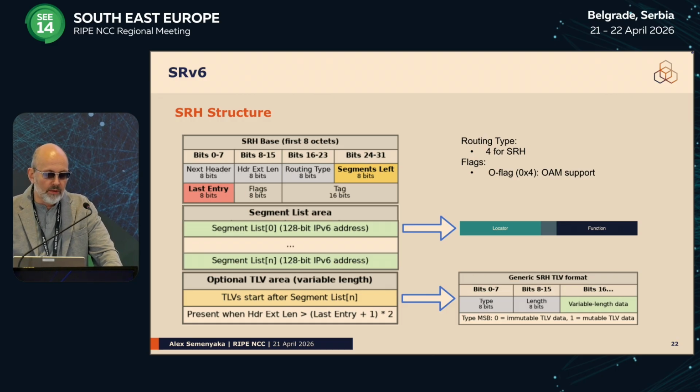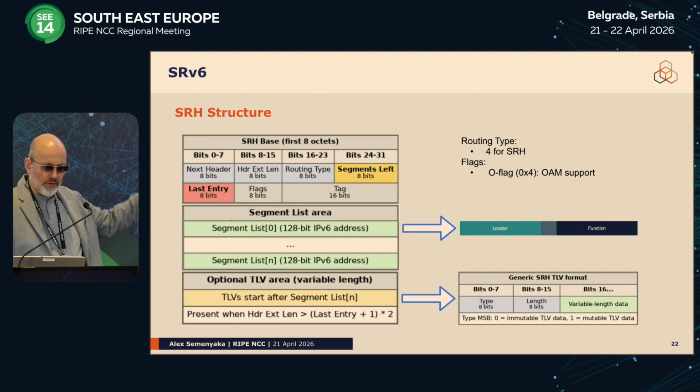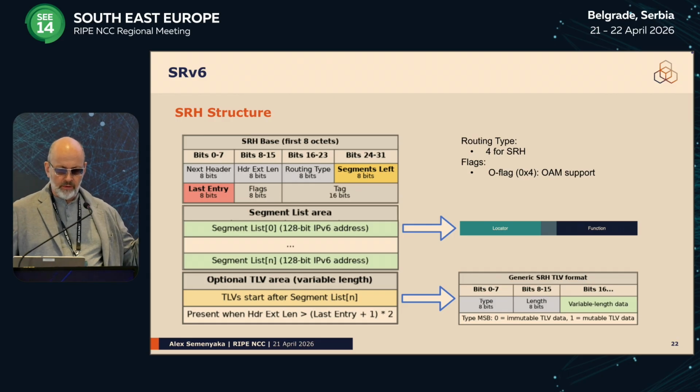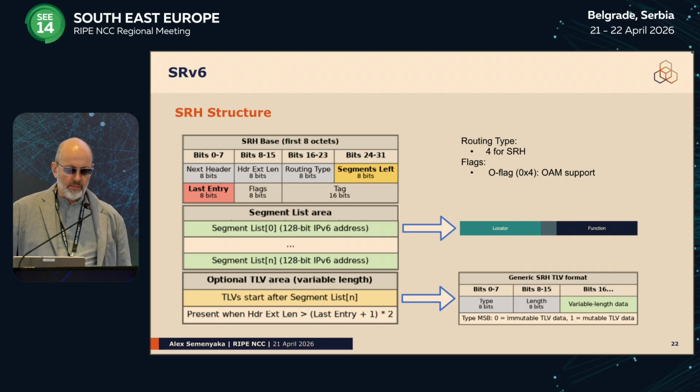At the moment, the only TLV we have described is the signature of all this to prevent intrusion into the segment list area. But in future, maybe we will have some additional functionality.